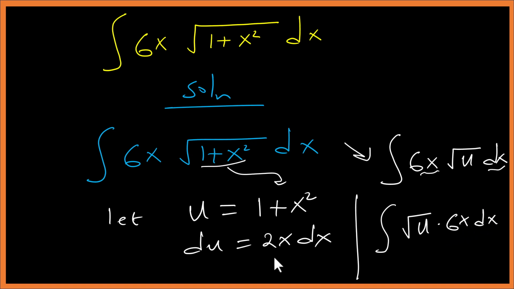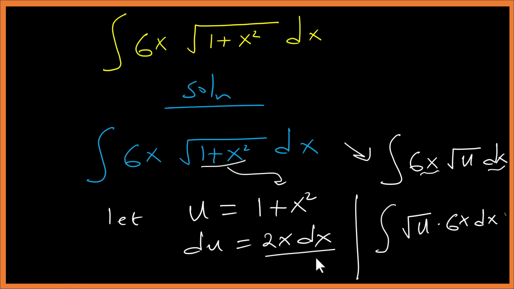Now we have 2x dx and 6x dx. So what we are going to do here is to bring x dx out. From here, if I divide both sides by 2, it will be du over 2 equals x dx. Remember, this side is the same as half du.